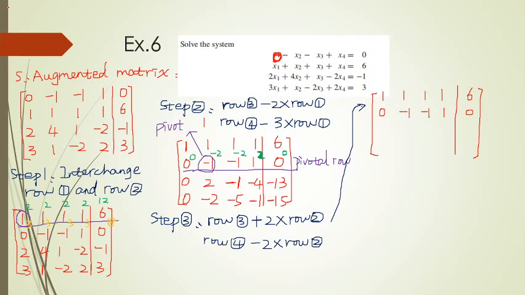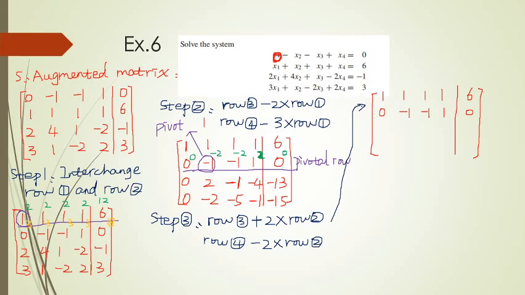And as I said before, for the first one, that is your original augmented matrix, you cannot choose the first row as your pivot row because this A11 is 0. You cannot eliminate A21, A31, A41 to 0 when you choose 0 as a pivot, right?